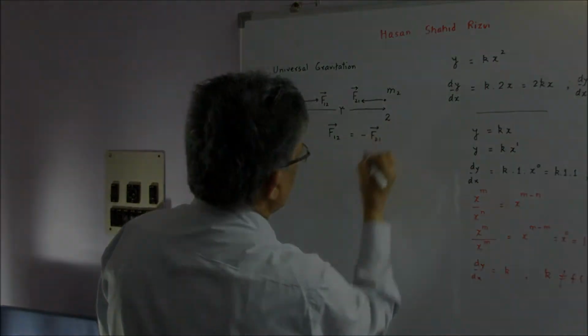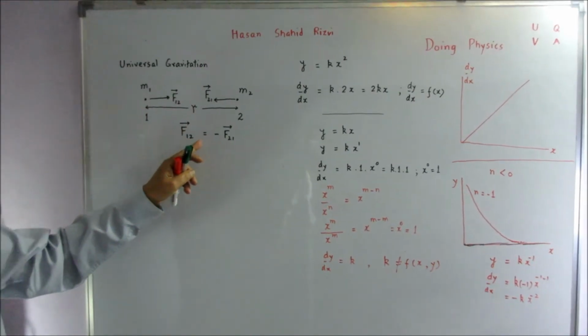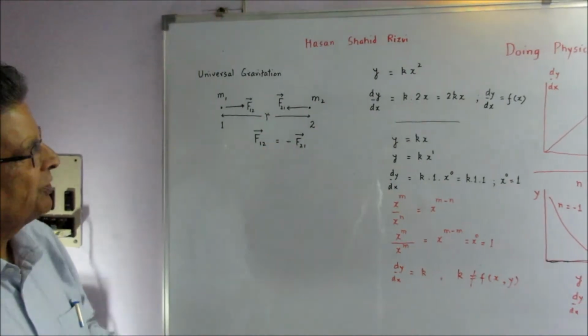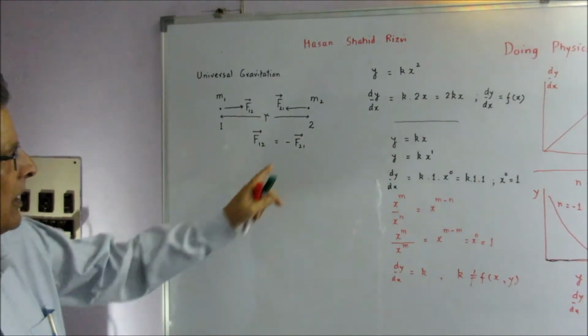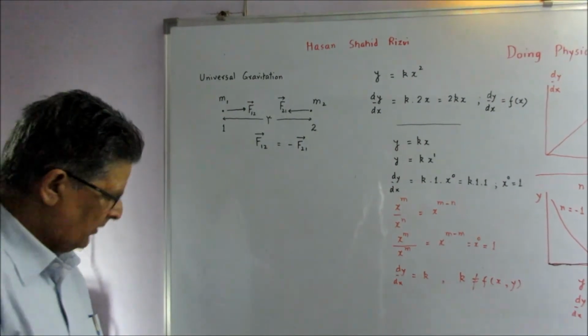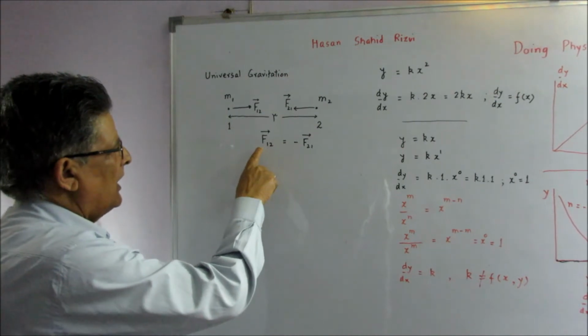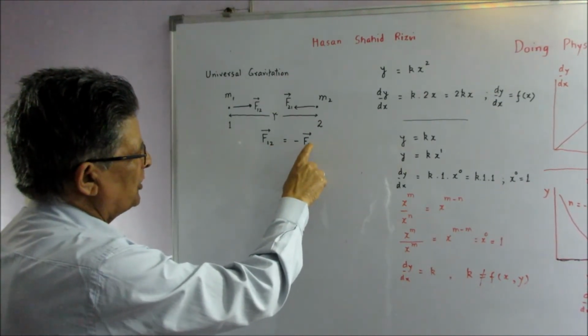And if I just take their measure, you can see that the vector F12 is equal to minus vector F21, because the direction has changed: force on body 1 due to body 2 and force on body 2 due to body 1.